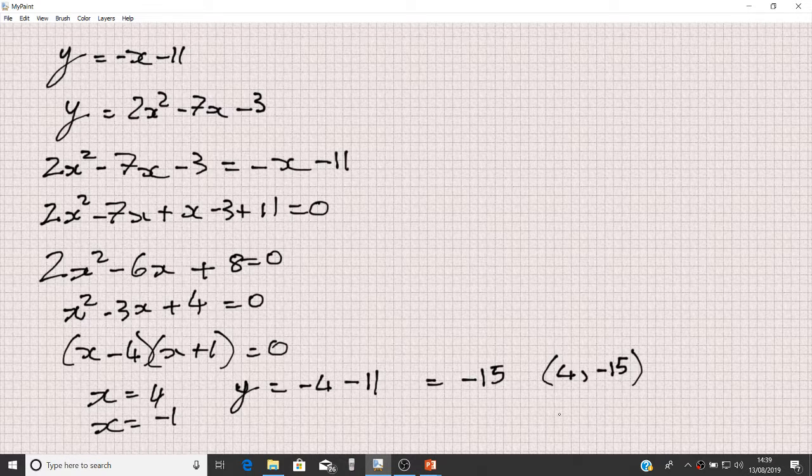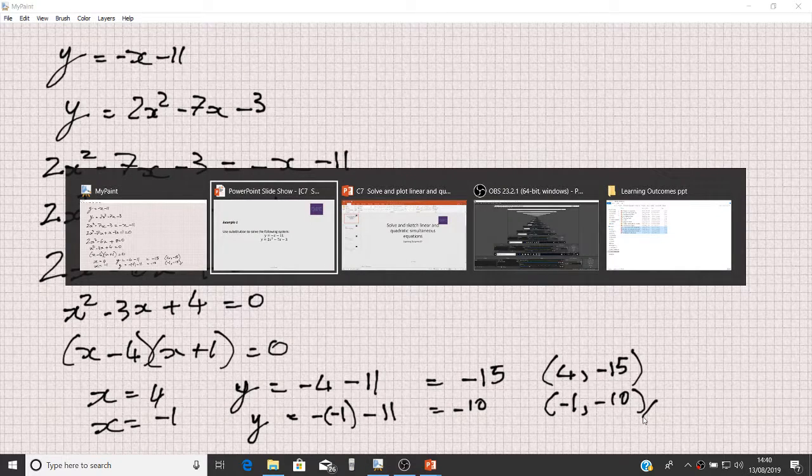And the second point we'll sub in the minus 1. Gives us negative 10. So the second point that lies on both of these equations is negative 1, negative 10. Okay, so that's example 1, and we'll just go back and take a look at another example.